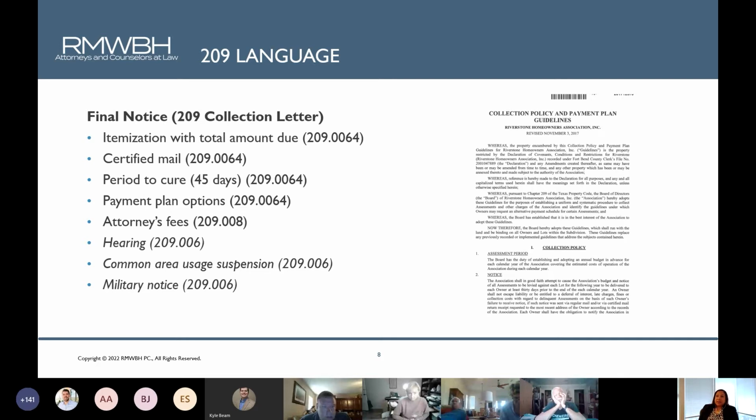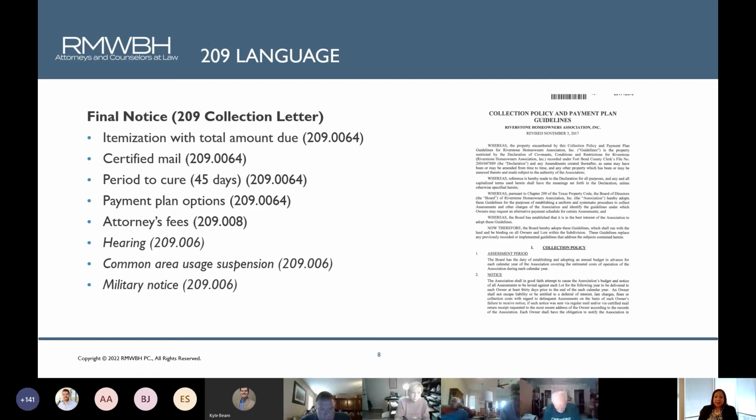Now, we'll get into this a little bit more in detail in a few slides, but before the association suspends common area privileges, that means we're going to turn off your fob for the swimming pool for non-payment of assessments, please, please, please make sure that the association has the right to do so. It is our position that if there is not an express right for the association to suspend common area privileges specifically for non-payment of assessments, the association cannot do that.